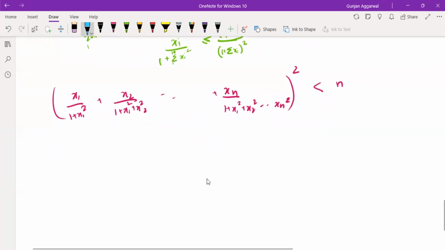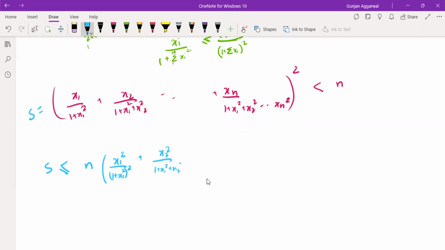We could apply that lemma on LHS, I think. Now let's say s is less than or equal to n times x1 square by 1 plus x1 square plus x2 square by 1 plus x1 square plus x2 square, and we have to prove it's less than n.